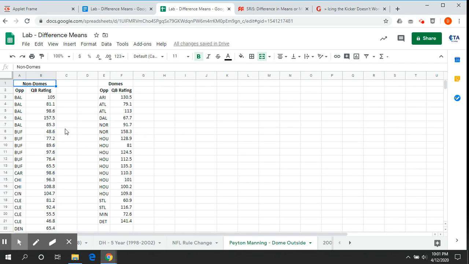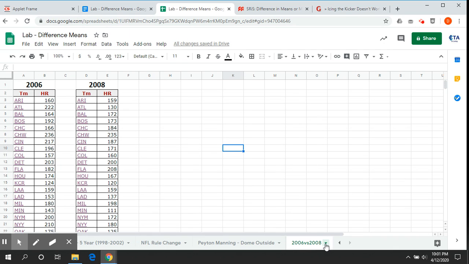So you're going to be looking at his quarterback ratings from games that were played outside, and then you're going to be looking at his quarterback ratings for games that were played inside, and you're going to see, is there a meaningful difference between his average outside and his average inside? Because they are going to be different, but the question is, is that difference going to be meaningful?